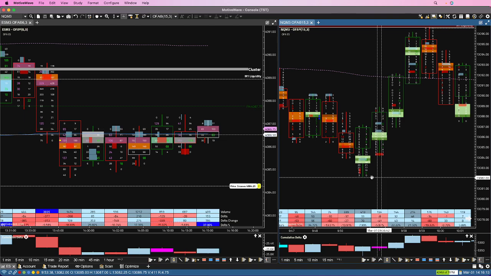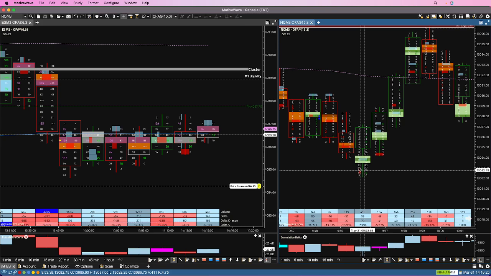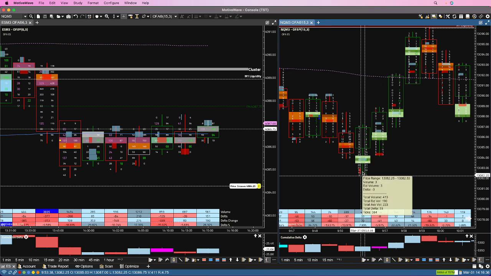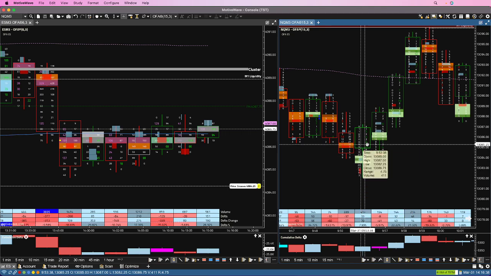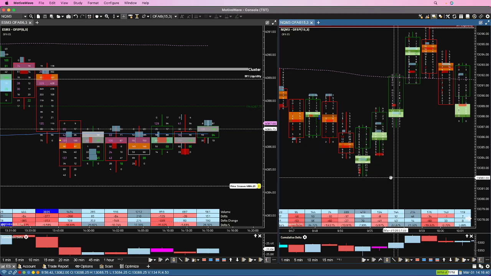Now you really understand the reason it develops with this shape, because we have trapped sellers and buyers aggression at the bottom of the candle. So all the volume is here, and that's the reason why we have this strong aggression.